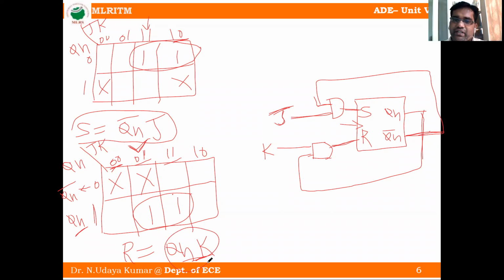Now it looks like a JK flip-flop, but actually it is an SR flip-flop. By adding extra circuitry to the SR flip-flop, we make it a JK flip-flop. Likewise, we can convert from any flip-flop to any other flip-flop by adding extra circuitry to the source flip-flop.